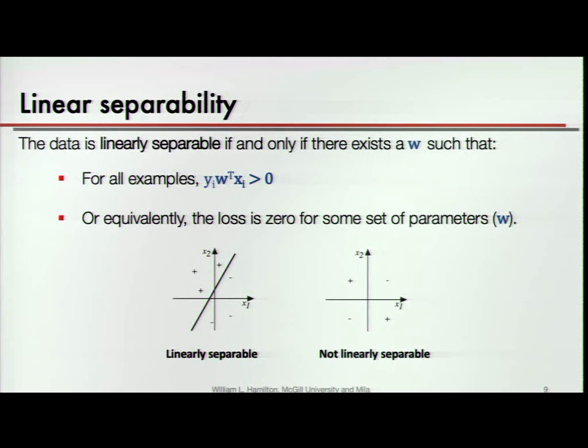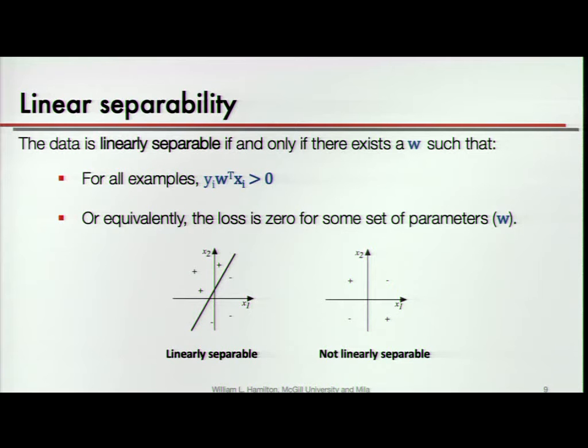This is a concept we've mentioned somewhat informally, but here we're going to really focus on this idea. What this means is that if for all examples we have the correct classification, this term here is basically just saying, are we making the correct classification? If this is greater than 0 everywhere, then our data set has a linear plane, so in 2 dimensions just a line, but more generally a hyperplane, that can separate our data.